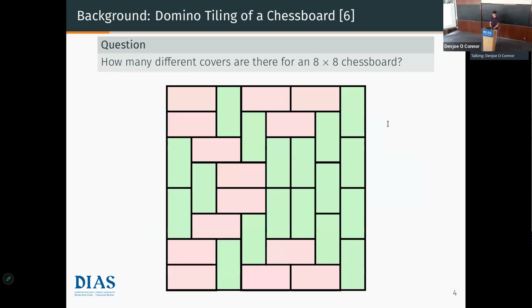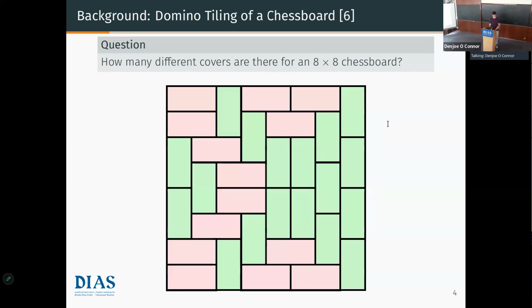Okay, so the question then for people is, how many different dimer coverings are there for an 8x8 chessboard? Does anyone have any ideas how many ways you can cover an 8x8 chessboard with dimers? At least two. That's true, yeah. 400. 400, okay. Anyone else?